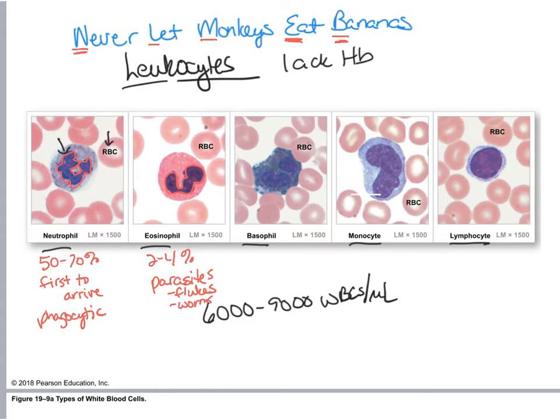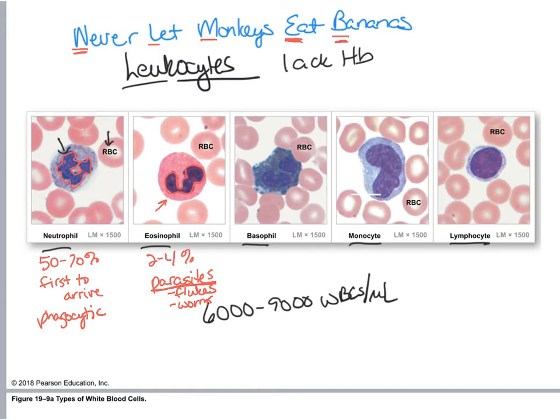If you were to go to South America and eat some vegetables that hadn't been properly cleaned, for example, and you got a parasitic infection, then these eosinophils would start to increase in number. They try to engulf these parasites, but a lot of times the parasites are too big to be engulfed.